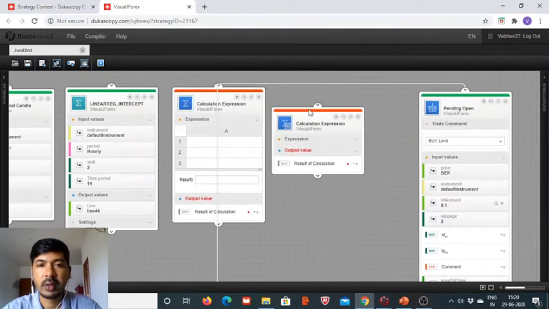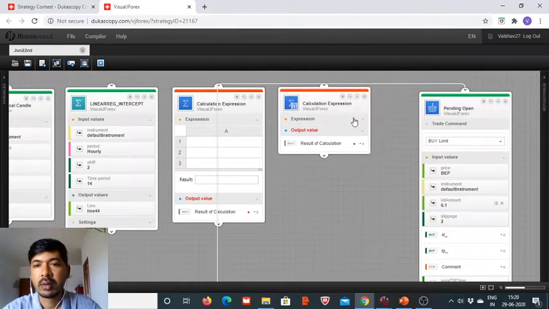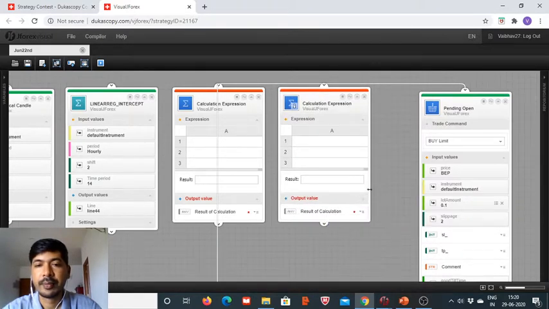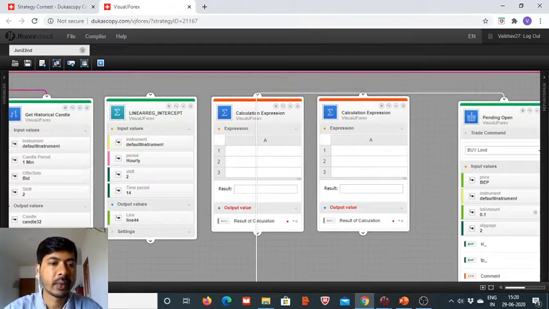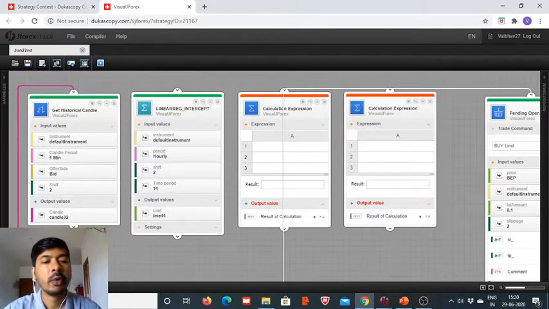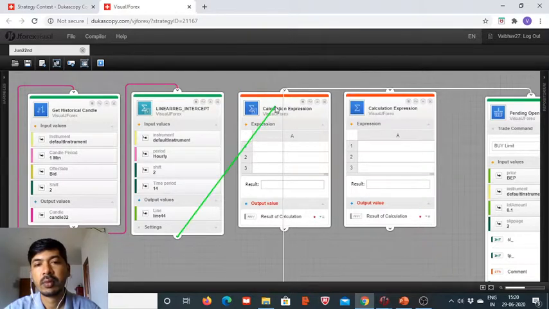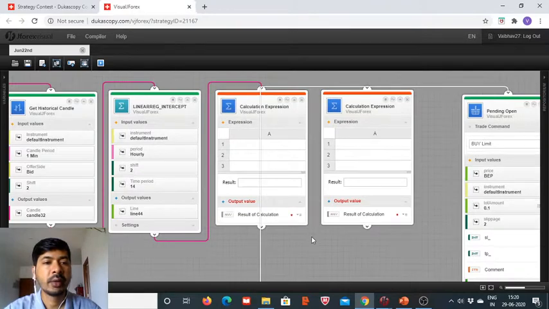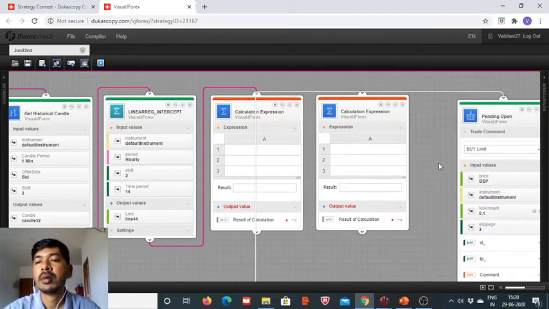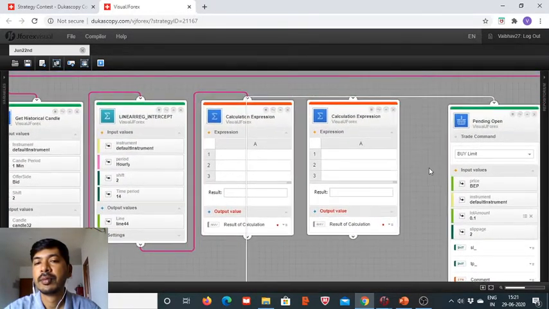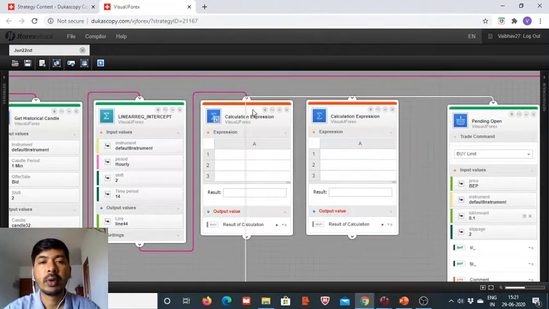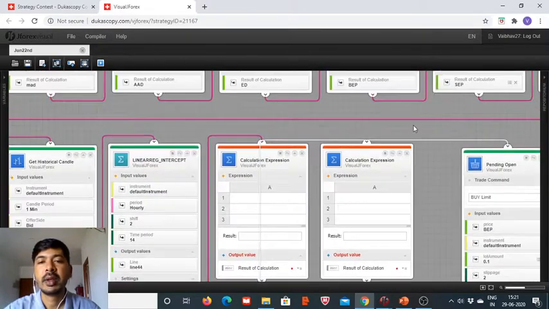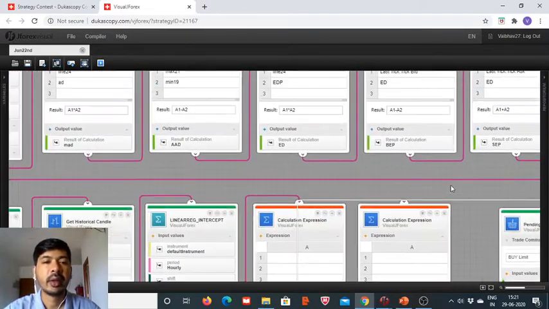Here we will need to connect these blocks, the flow, and for the stop loss we will need the ATR.